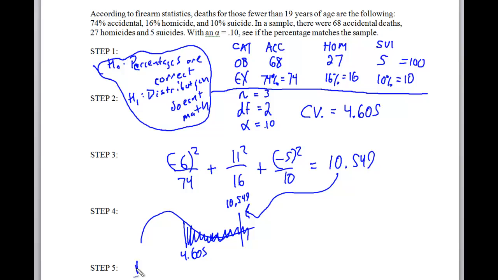We are going to reject the null hypothesis, blam. We reject the null hypothesis because 10.549 is huge compared to 4.605. All right, again, if you got any questions, shoot me an email.